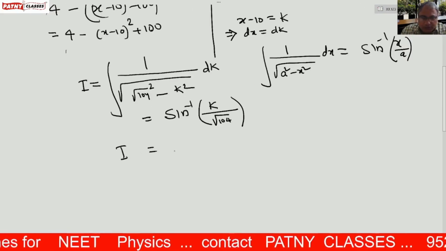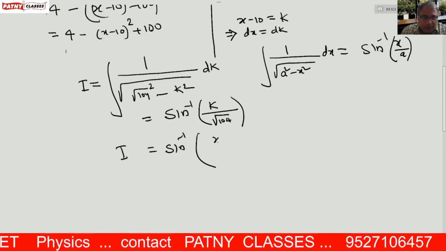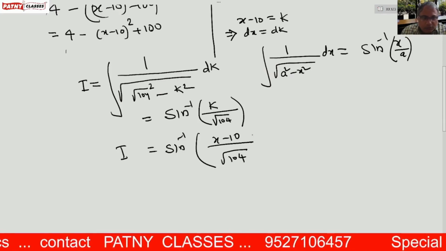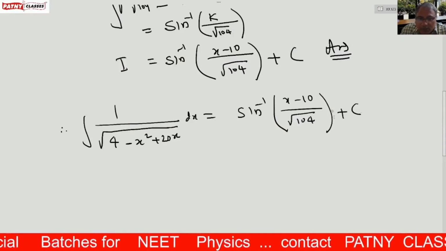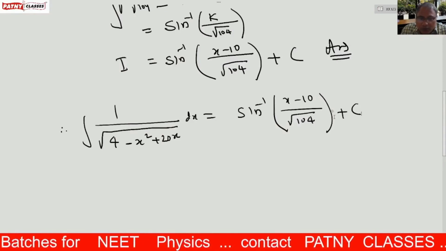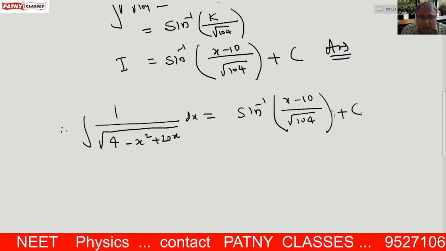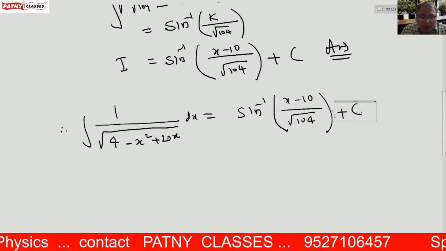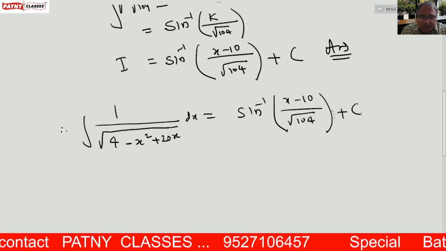I equals sine inverse of x minus 10 upon root 104 plus c. Therefore, integration of 1 upon under root of 4 minus x square plus 20x with respect to x equals sine inverse of x minus 10 upon under root of 104 plus c.